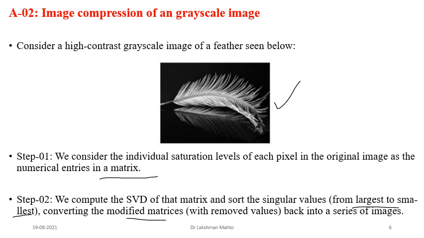We will remove a few values which are very insignificant, that means those singular values which are very small, and we will convert back into a series of images. We will see that here this way.